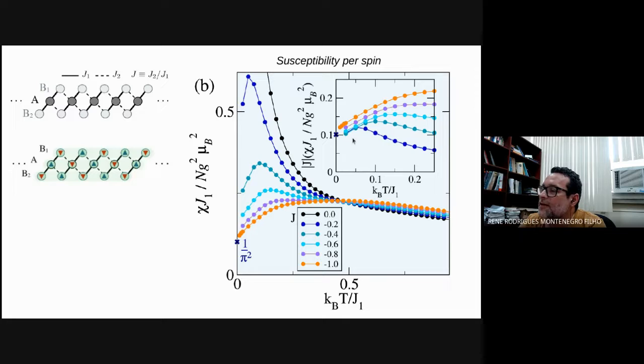We notice that they point all to a region that is near the constant value of the susceptibility of the spin 1/2 chain. This value here.